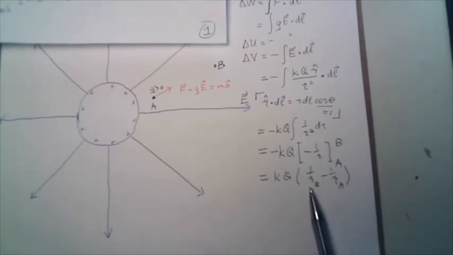It becomes kind of annoying to always write it like this, because in a little bit we'll find that our potential difference is going to be independent of how you get there.